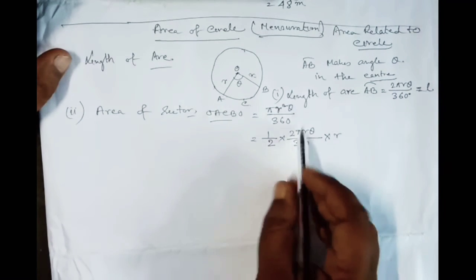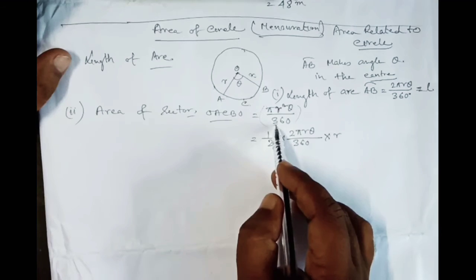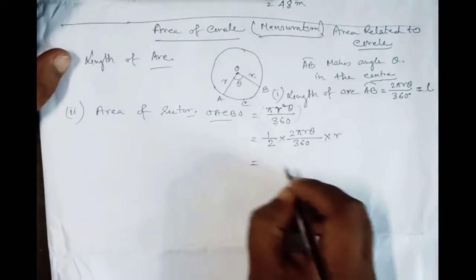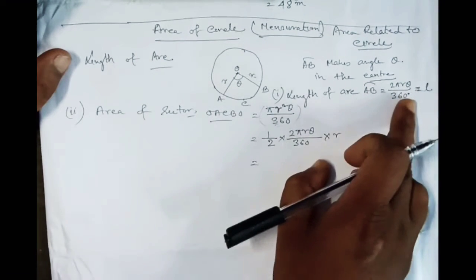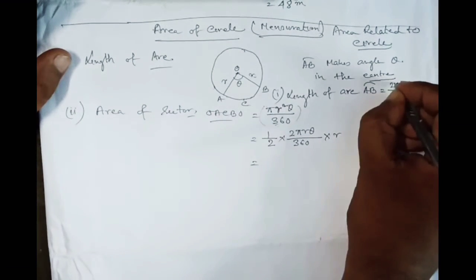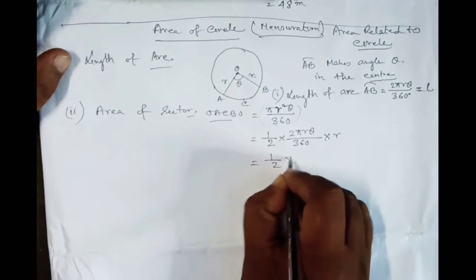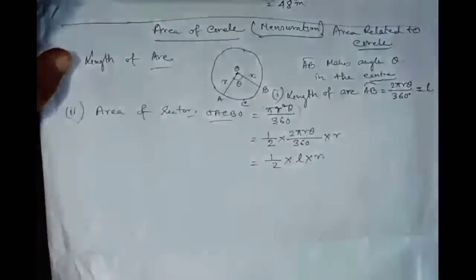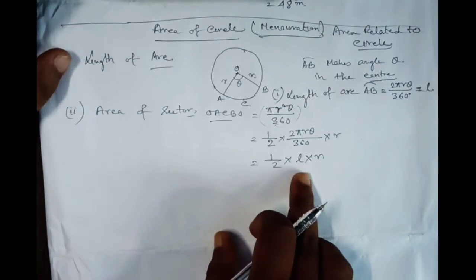If we calculate it, you get this result. Here 2 pi r theta by 360 equals L. So half into L into r. So this is the area of the sector.